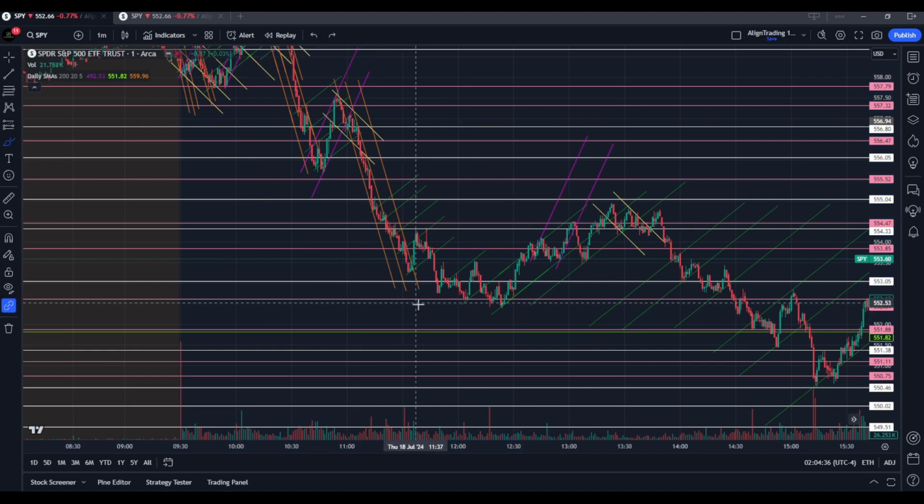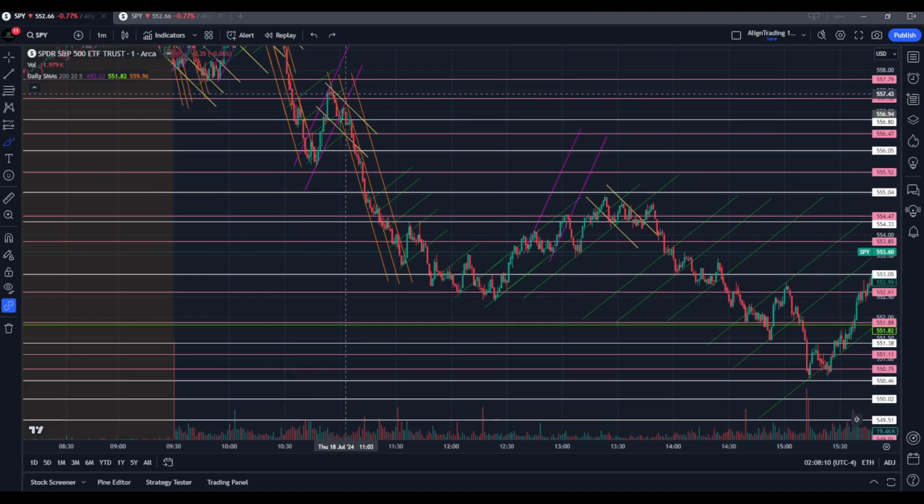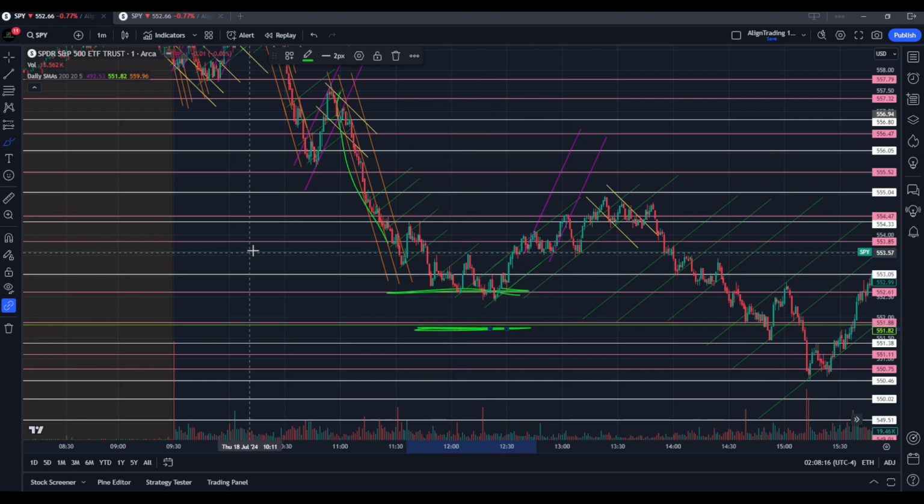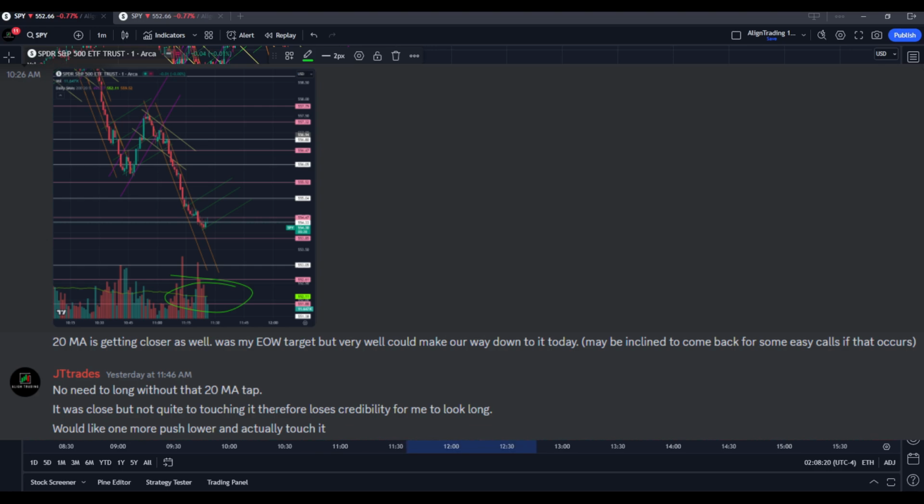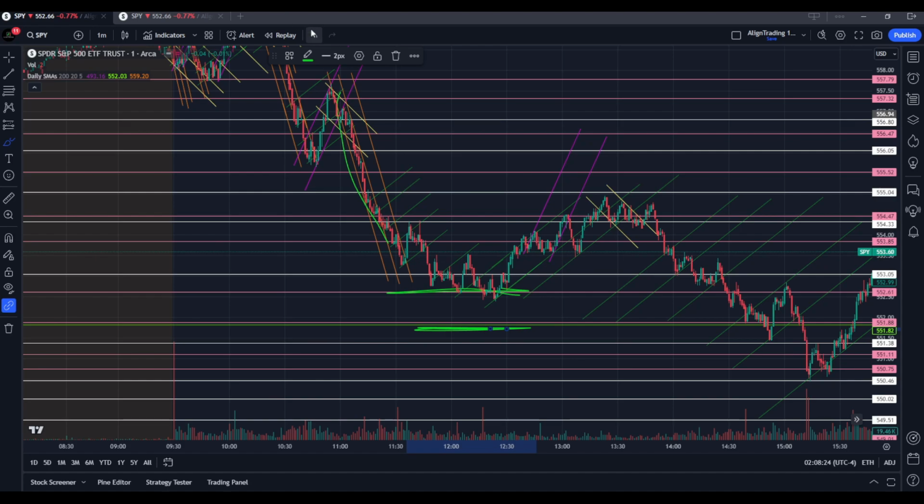But you can see that we ended up reaching that target we were talking about of the 20-day moving average right here. Now after this move down right here, we almost reached the 20 MA, but we stopped just before, and I explained that unless we retested that 20-day moving average by tapping it, I was not going to go long.